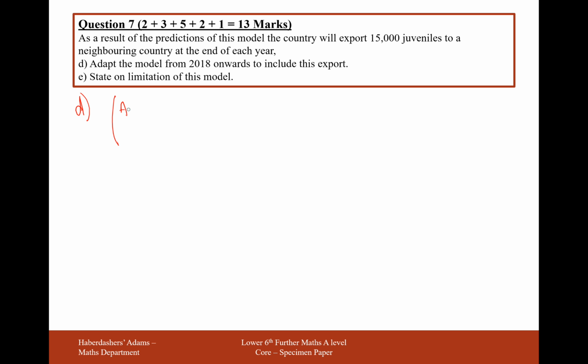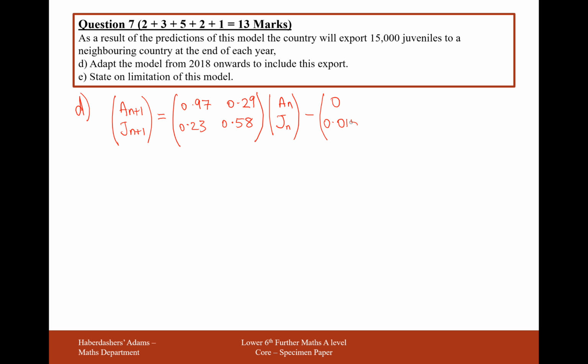So what we'll have is An+1, Jn+1 equals the same matrix that we had before, 0.97, 0.29, 0.23, 0.58, lots of An and Jn, and if we're exporting 15,000 juveniles at the end of the year, then we're going to have to subtract 0, and 15,000 turned into millions, so you'll get 0.015. Just like that.